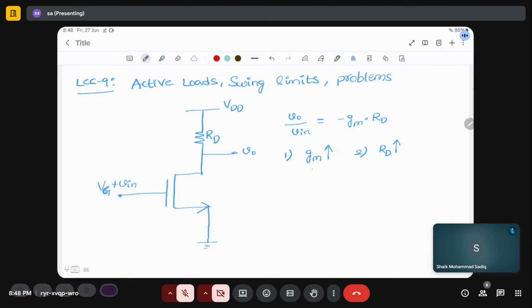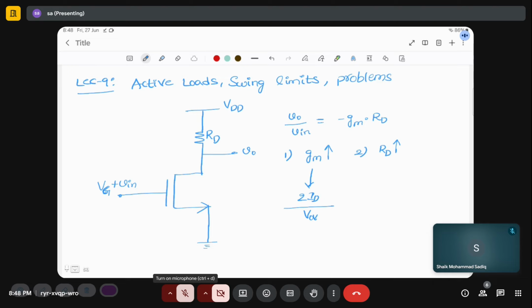In this case, what happens if I increase gm? It is dependent on ID. Okay, we are not worrying about temperature dependency.